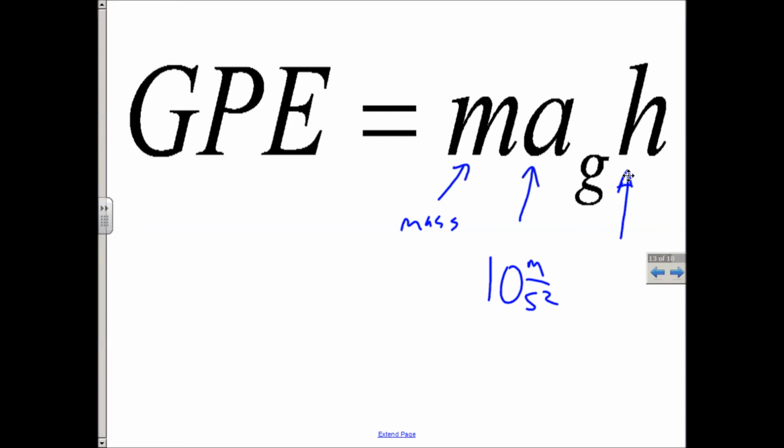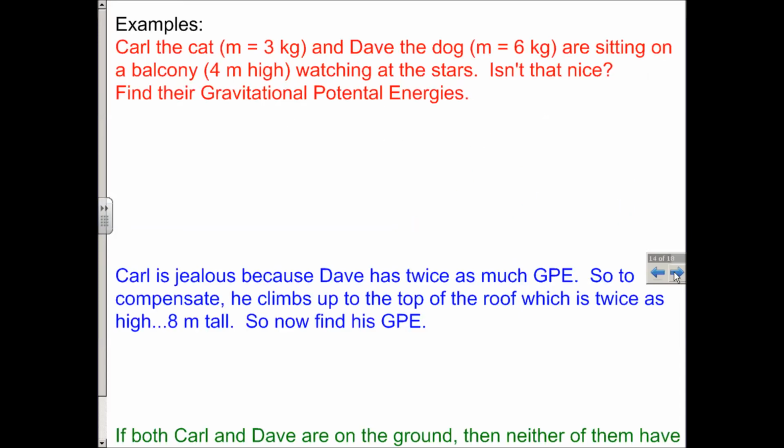Okay? So, let's do an example. We're back to Carl the cat and Dave the dog. This time they're sitting on a balcony watching the stars. So we're going to find their energies, going through the same process. Here we go. Carl has a mass of 3 kilograms. He's got a height of 4 meters.